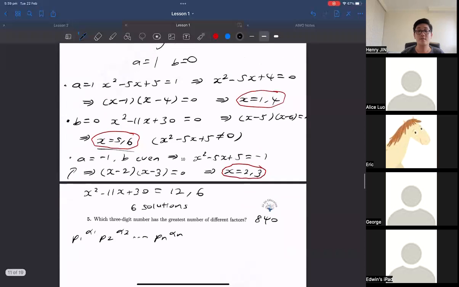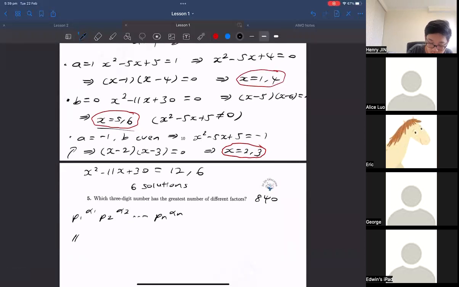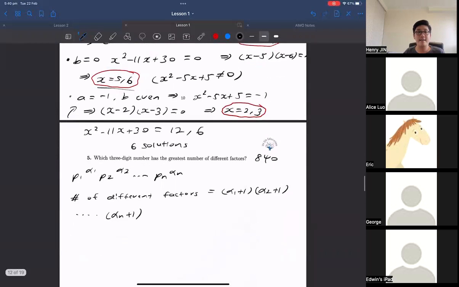So for question 5, this is how you write any number, and the number of different factors is this formula. Now, why is that?